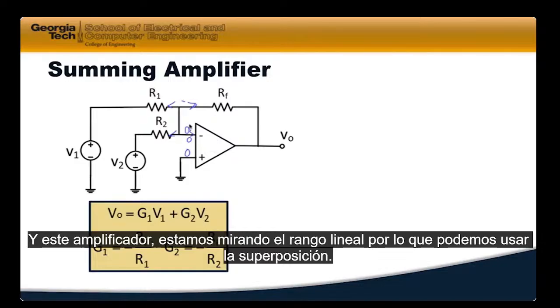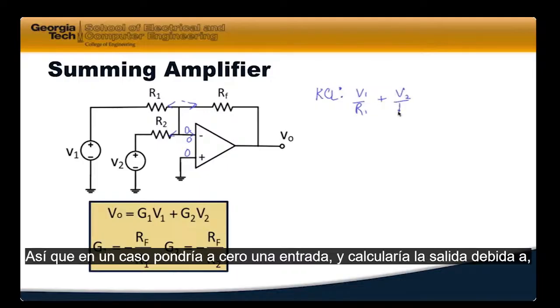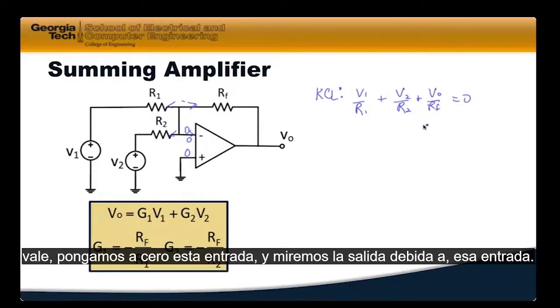Let me look at it as the current going into those nodes rather than the current going out. By KCL, the current going into the node would be V1 over R1 plus V2 over R2 plus V out over RF, which has to equal 0.